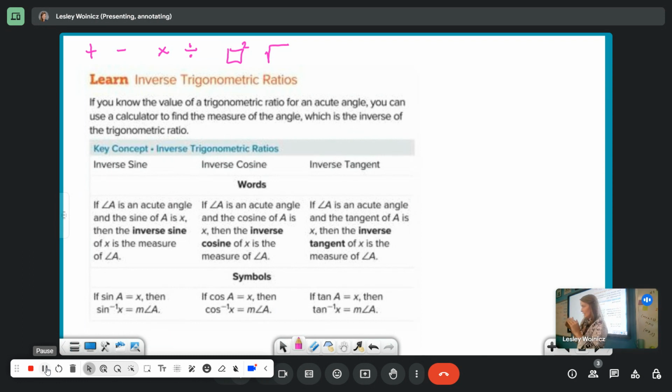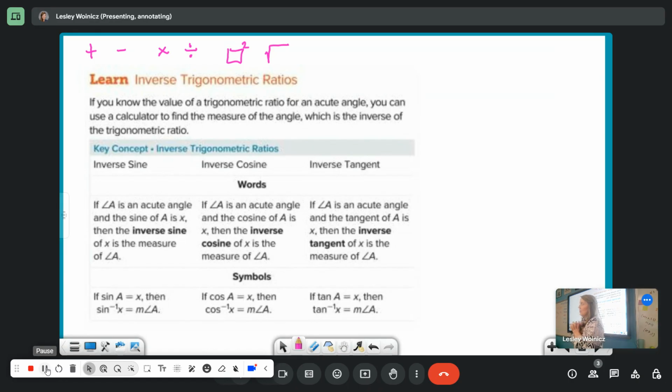Up until today, we've only really talked about inverse operations as operations, but we are going to start expanding our thinking about inverses to functions.